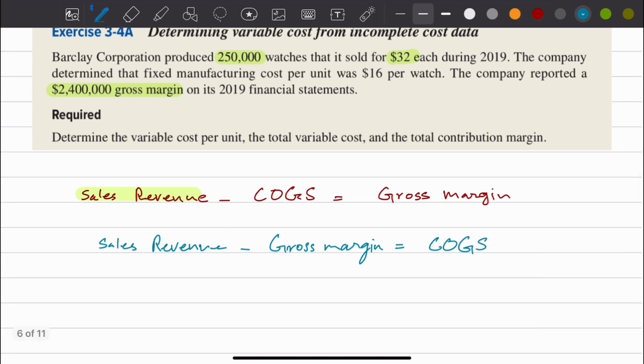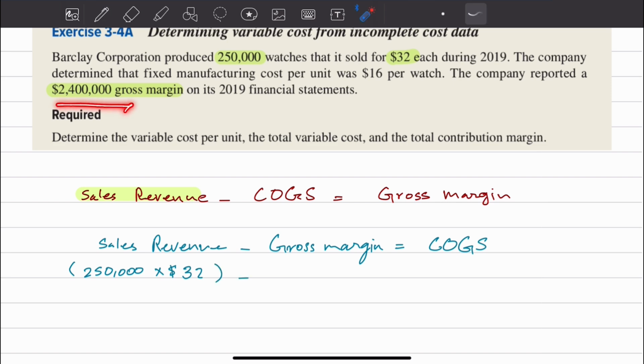What was the sales revenue? The sales revenue is going to be the number of watches multiplied by the selling price per watch, which was $32, right? Minus the gross margin, which is given in the question right here, 2,400,000. And now we can find our answer.